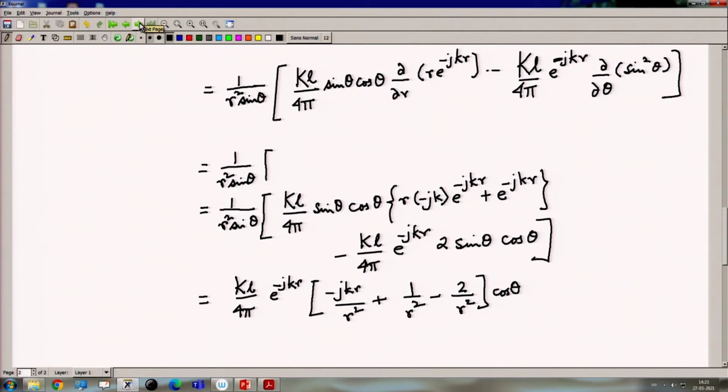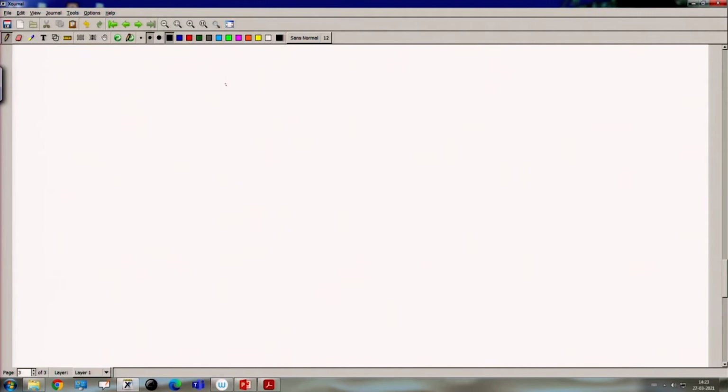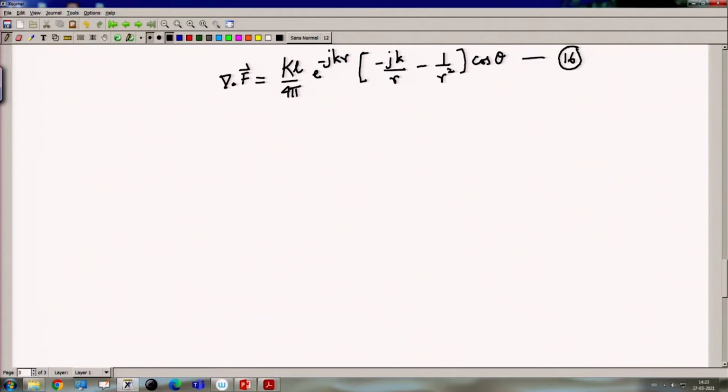Which finally gives me divergence of F as k L by 4 pi e to the power minus j k r, times minus j k by r minus 1 by r square, cos theta, and that is equation 16.